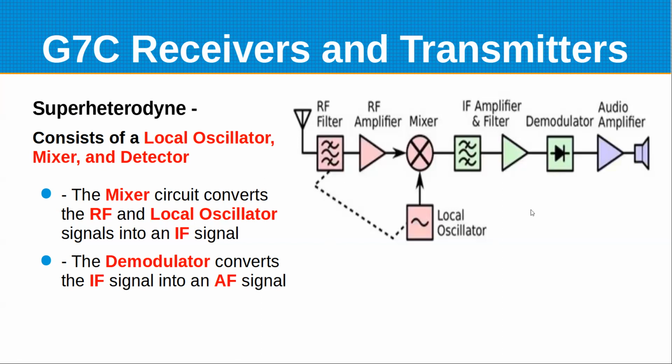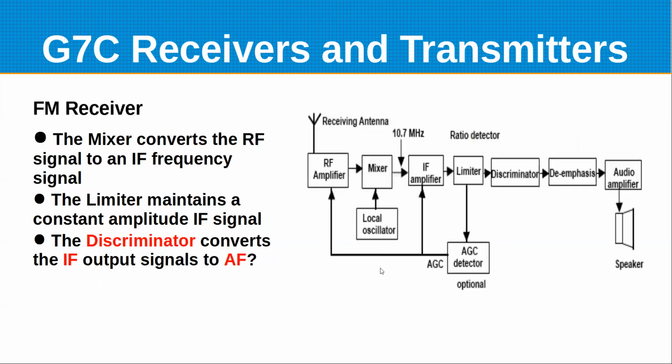And then after the intermediate frequency, we filter it and we amplify it. You'll have some bandpass filters in here because you want to get rid of everything that's outside of the passband of the IF. And then we demodulate it to convert it back into an audio signal. In the case of an FM receiver, the front end is basically the same.